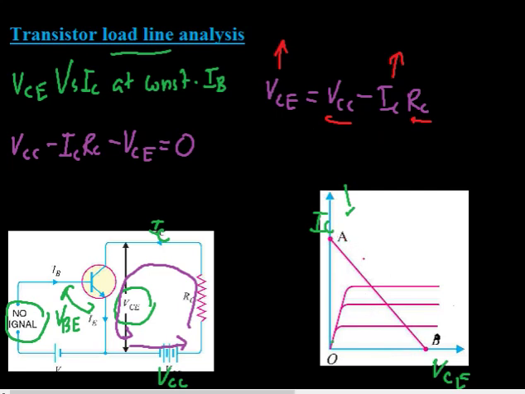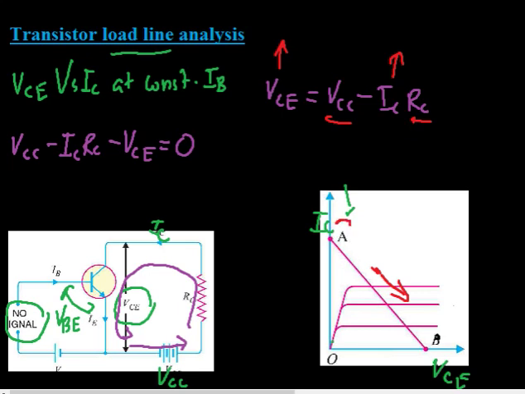So VCE is equal to VCC minus IC RC represents a linear relation that can be plotted, and it is the equation for a straight line with a negative slope. So we will have a line like this.